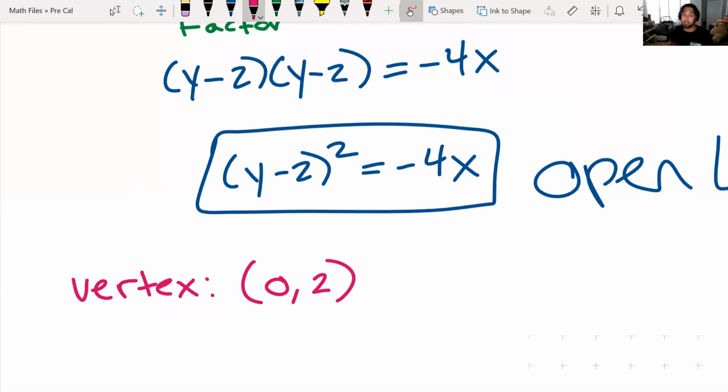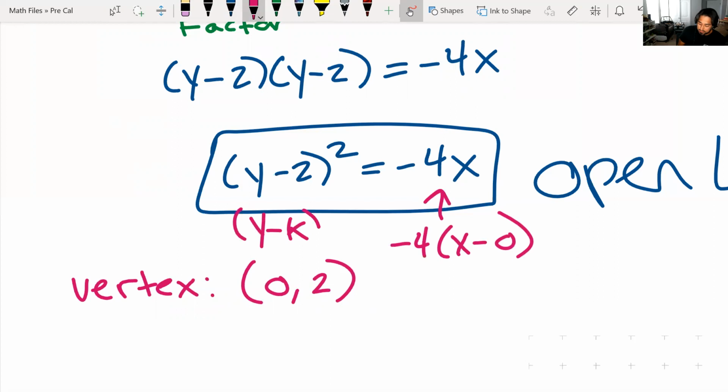And the reason it's 0 is because we can rewrite this part as negative 4 times x minus 0, right? And we get our positive 2 because this is y minus k squared. So that's where we get our vertex from. 0, 2.